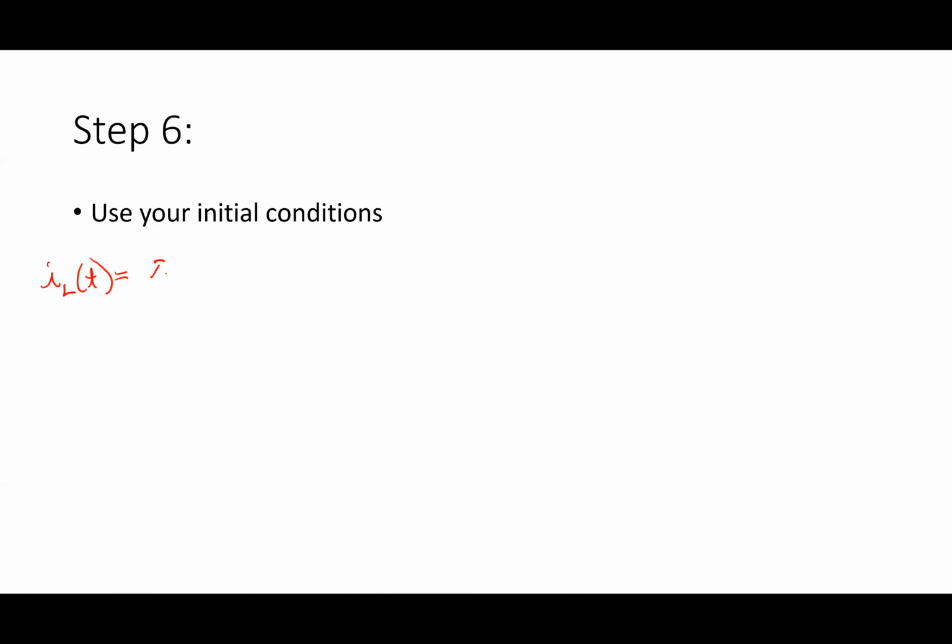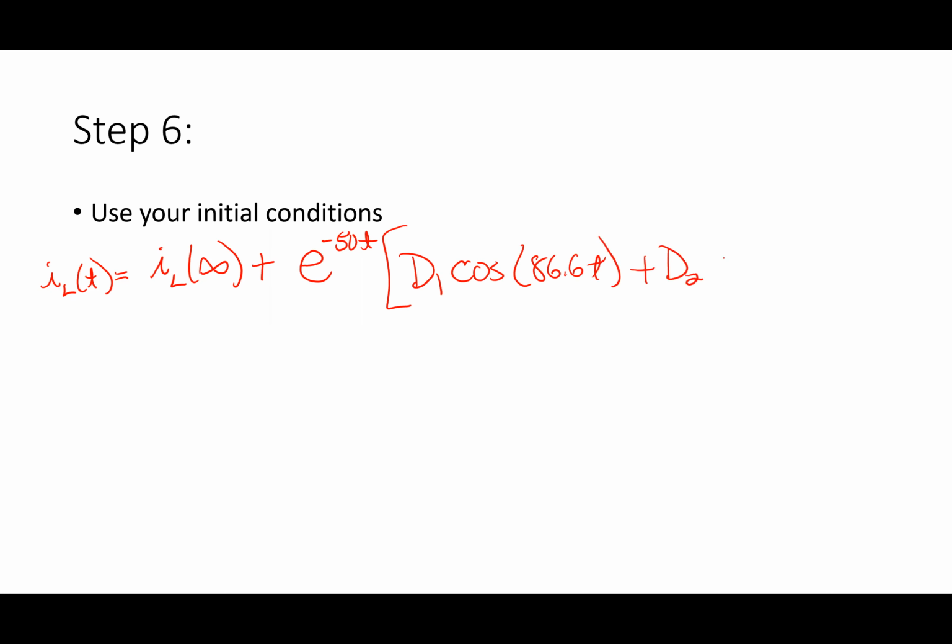So I'll write it this way: steady state plus e to the negative 50t times d1 cosine 86.6t plus d2 sine 86.6t. And IL of infinity, we found this guy was 0.2 amps. So now I've got two equations and two unknowns.